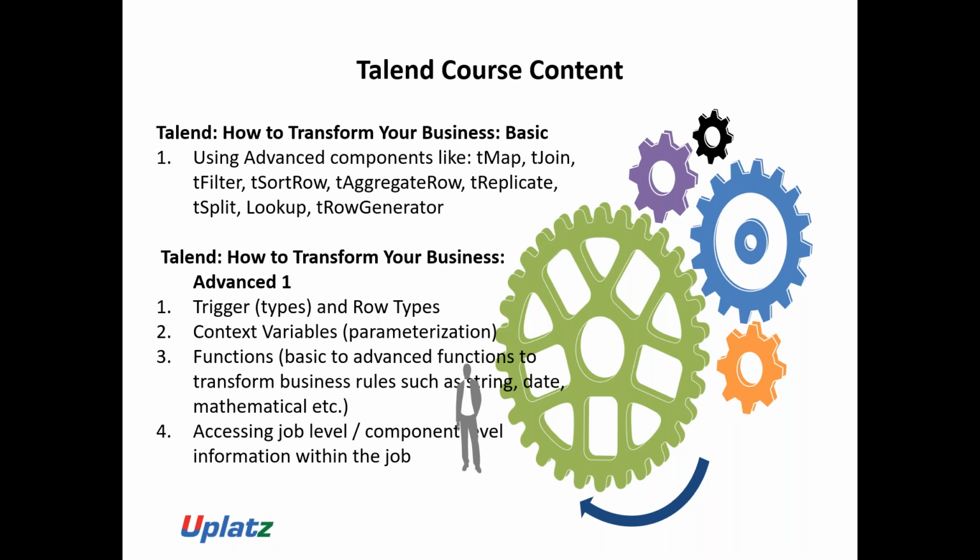Then you promote the code to the actual production environment, where your database username, password, and connection string will be different. In that case, every time you would need to change the code again. To avoid those situations, we go for context variables. Context variables are very useful, because without touching our code, if you change values in an external file, it will automatically reflect when you run the job. It will take the values from the file.